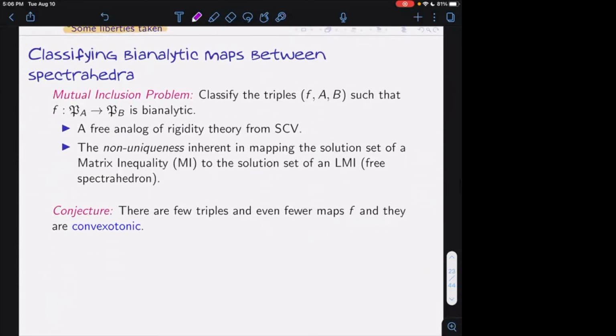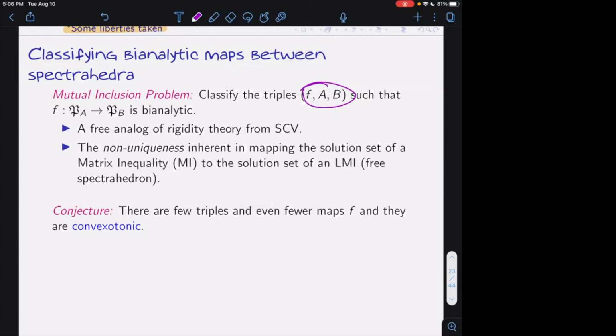But anyway, so that mutual inclusion problem would be to classify triples A, F, and B, where the spectrahedra determined by A and B are bianalytically equivalent, and F is a bianalytic map between them. Okay, and then some further motivations might be that it's a free analog of some of the rigidity results you see in several complex variables.